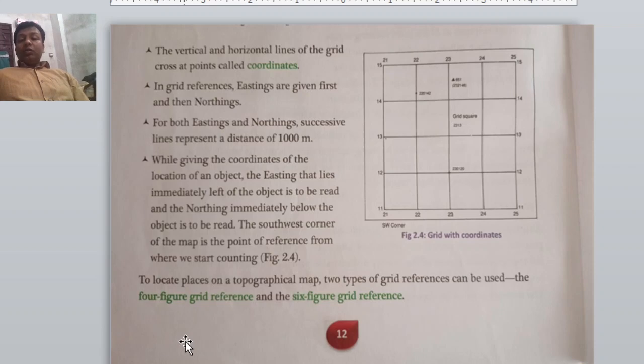The southwest corner of the map is the point of reference from where we start counting. So to locate a place on a topographical map, two types of grid reference can be used: four-figure grid reference and six-figure grid reference. We are going to discuss them one by one.